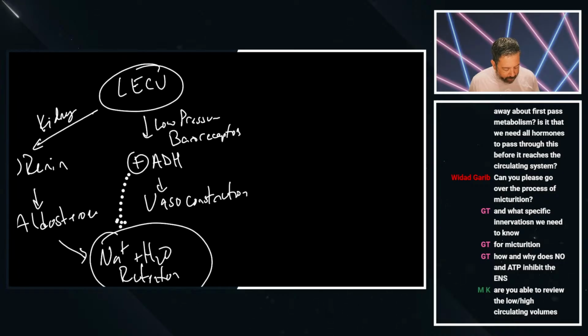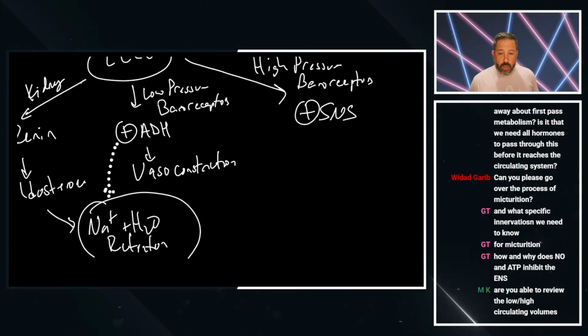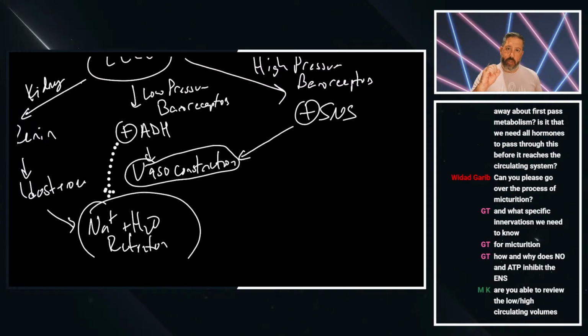The other thing that's going to happen, we have our high pressure baroreceptors. And what they're going to do is they're going to stimulate the sympathetic nervous system. Sympathetic nervous system is going to be activated. It will also cause vasoconstriction as well, decreasing the radius, increasing the pressure.